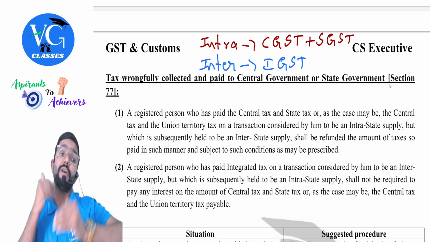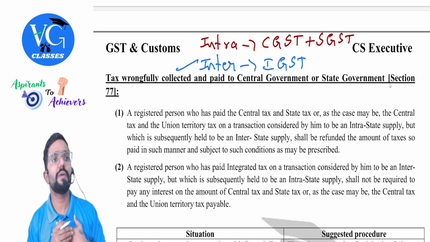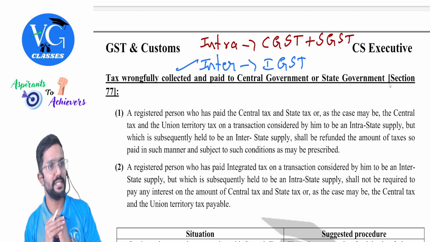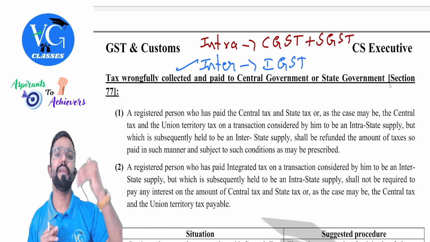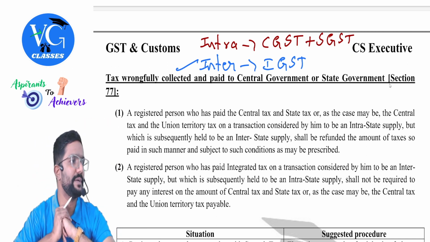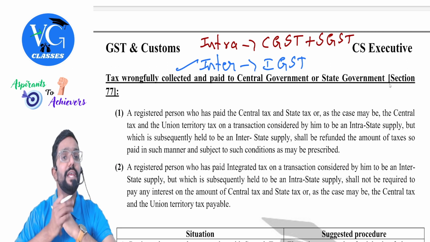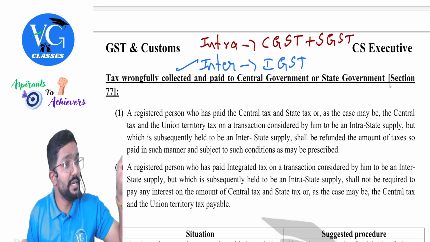Same way, sir, what if it is vice versa? For example, my supply was interstate supply, so I was supposed to pay IGST. But I wrongly classified it as intra and paid CGST and SGST, or CGST and UTGST. Now IGST I was supposed to pay but did not. So is it an offense? Will they charge interest or penalty for it?